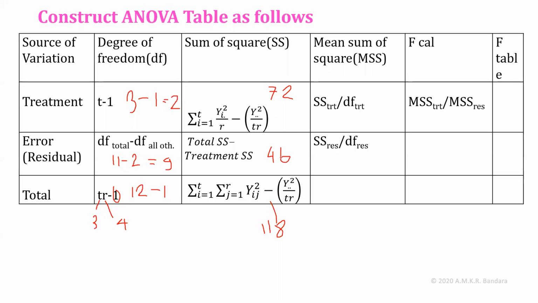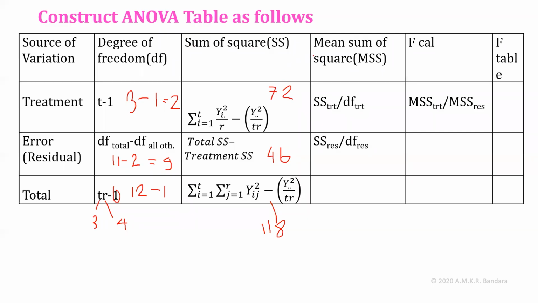Then in the next column of the ANOVA table, we have mean sums of square. Mean sums of square means the sums of square of each component need to be divided by their degree of freedom. So here the treatment sums of square is 72.